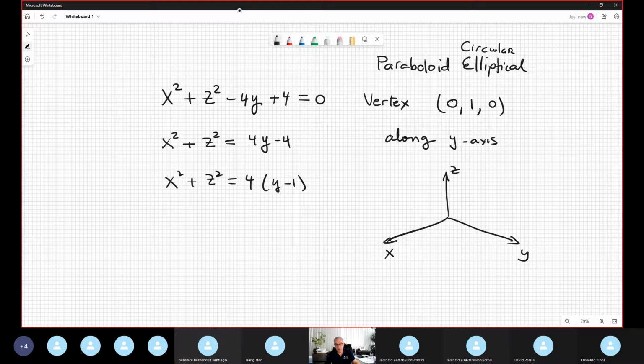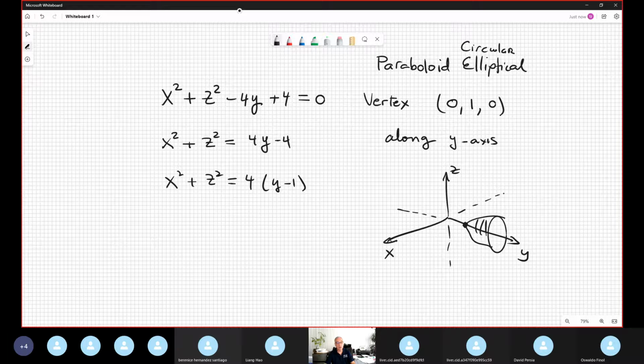I promise that we discuss it in detail, but now intuition, to have a rough idea how it looks. The famous point 0,1,0 is here. Boom. Our paraboloid, I suppose it is along y, open maybe in that direction.